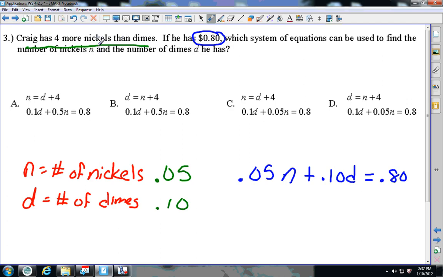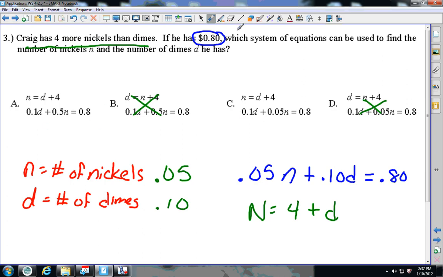Well, what does he have more of, nickels or dimes? It says he has more nickels, so the nickels are 4 more than the dimes. 4 more than means to add. Well, right here, this says N equals D plus 4, which means the exact same thing. This one, though, says D equals, so this is not the right answer. And D says D equals. Okay, so here I've got nickels equals dimes plus 4.